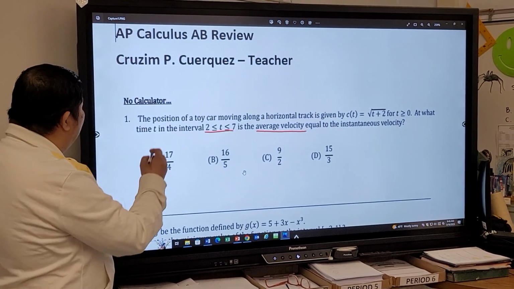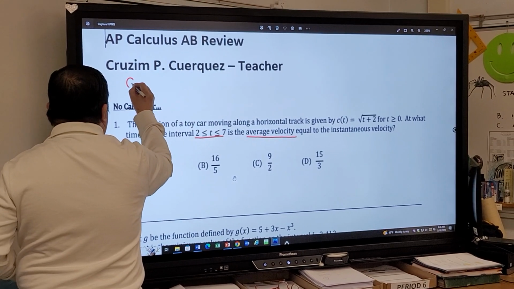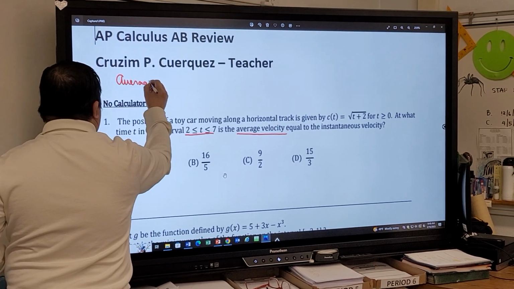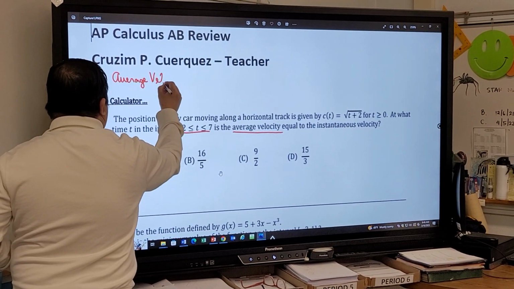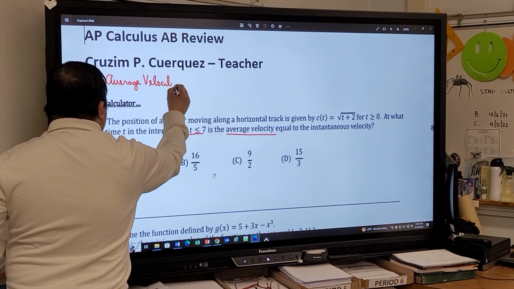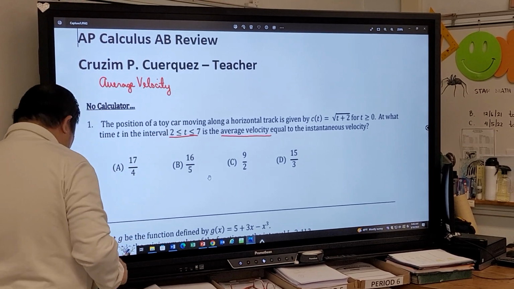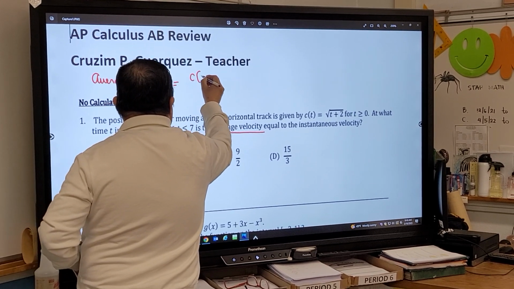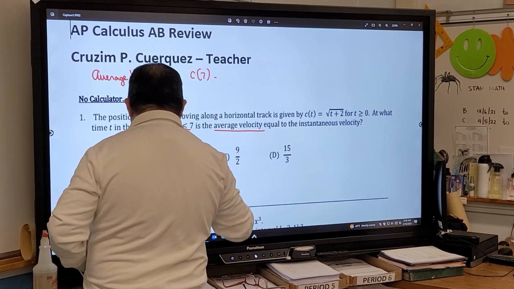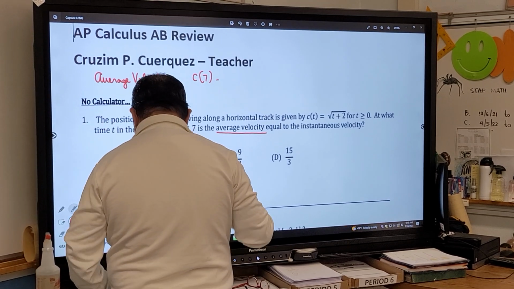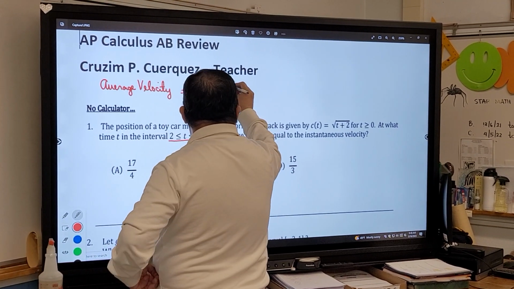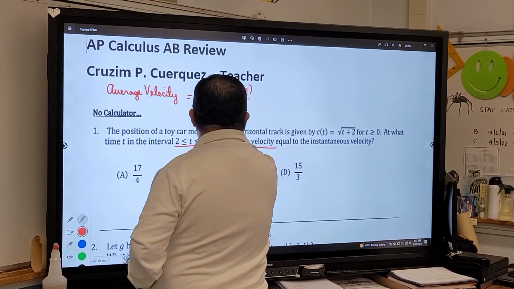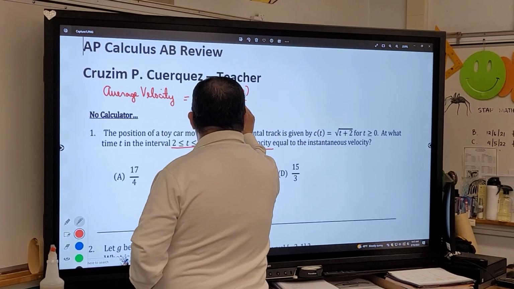I'll just write here: average velocity is equal to C(7) minus C(2) over 7 minus 2.